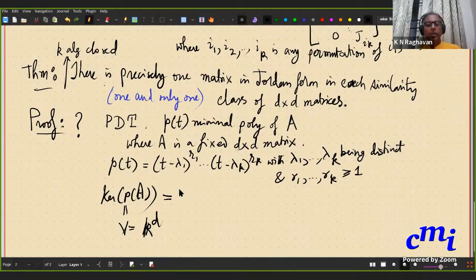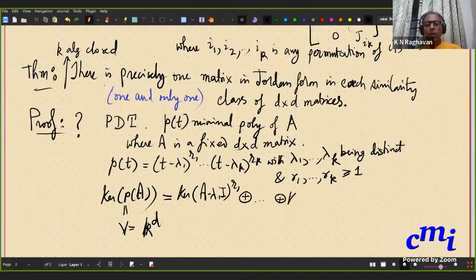Kernel of P_A: since this is the minimal polynomial, P of A is 0, and therefore the kernel of the zero map is the whole of V, that is the whole of K^D. That is equal to the kernel of (A minus lambda 1 I) to the R1, direct sum, up to the kernel of (A minus lambda K I) to the RK.